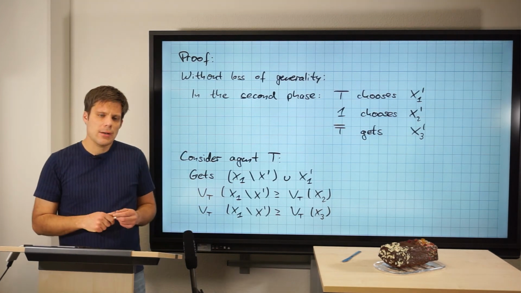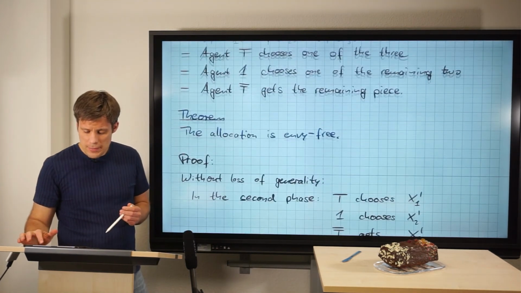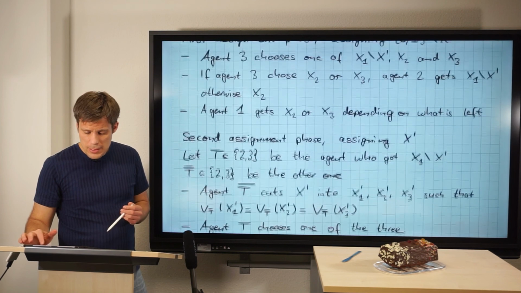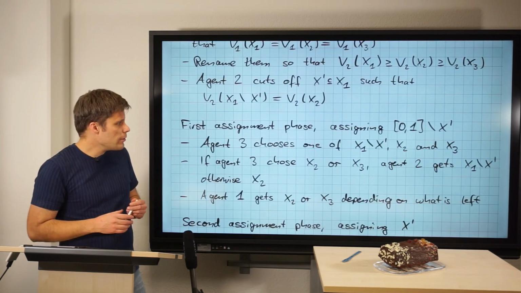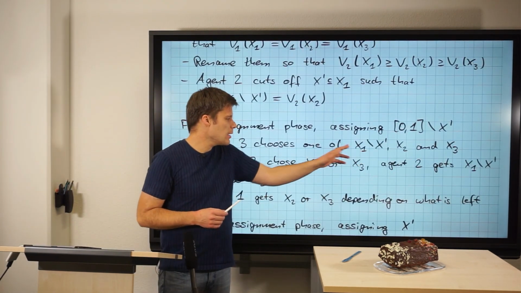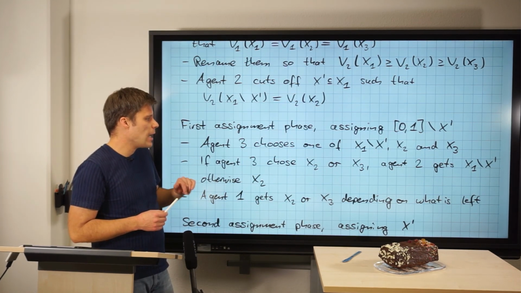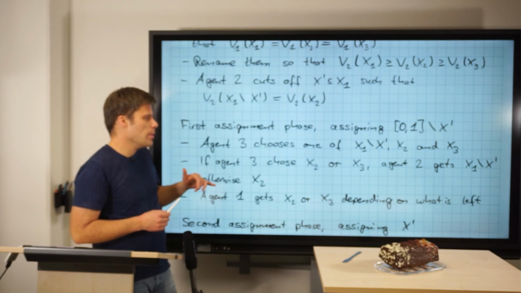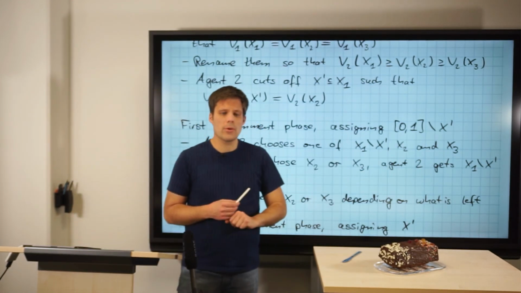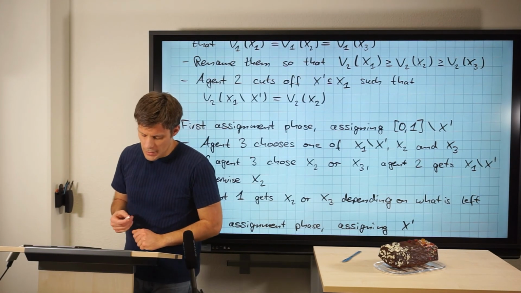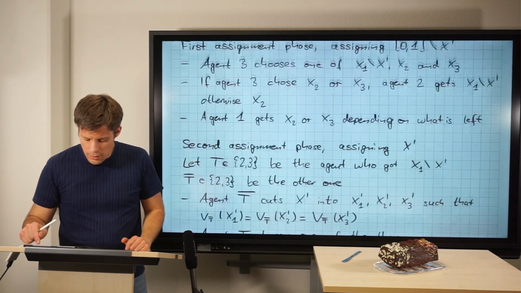This is something I argued before, because we can see it happening here. Whoever gets x1 take away x prime, they are actually happy with that compared to getting x2 or x3. Good.